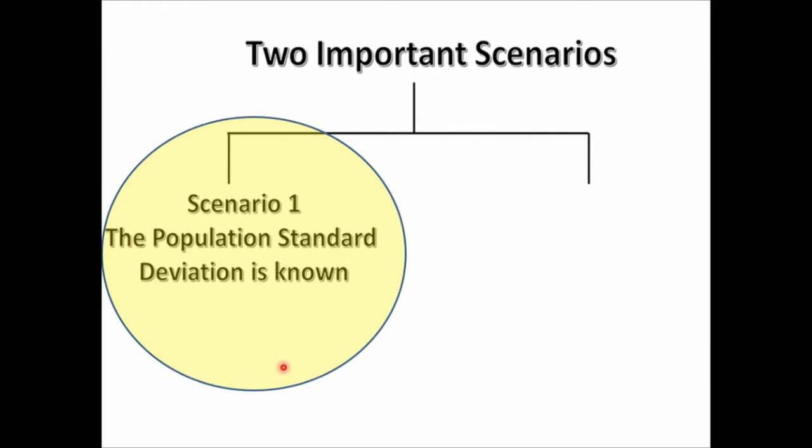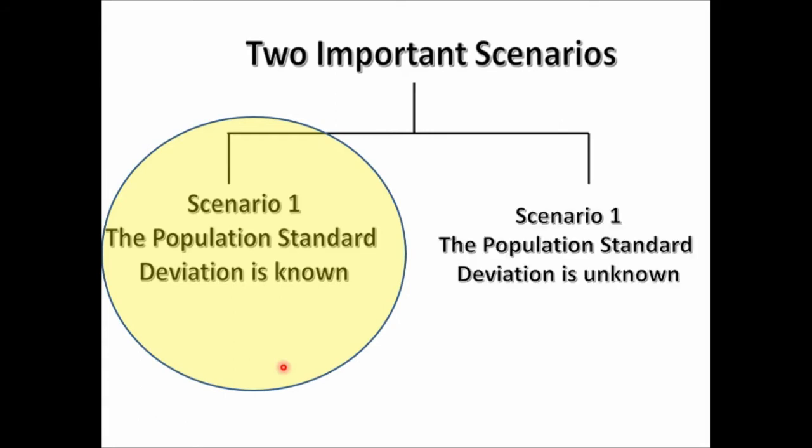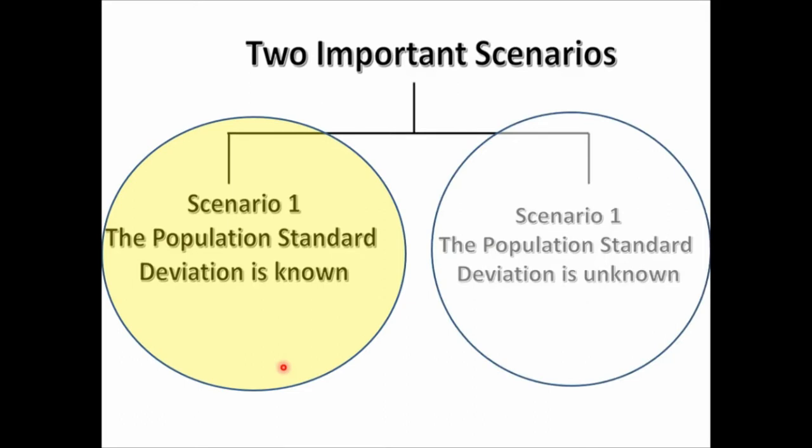Now we are moving to another situation. It's a more difficult situation where you have a population that we don't know anything about its variability, or the standard deviation, or the variance of the population. And in this case, we are trying to take a small sample from that population.